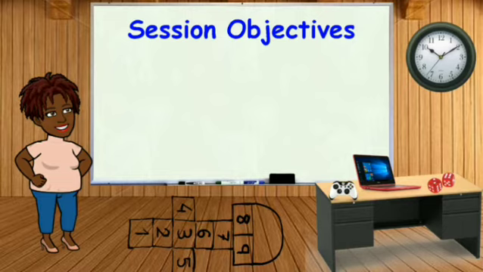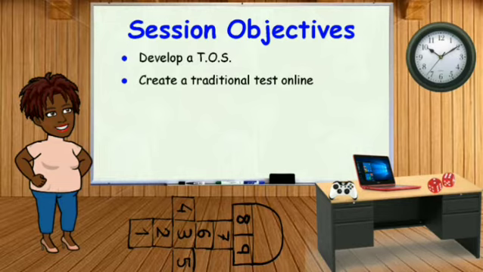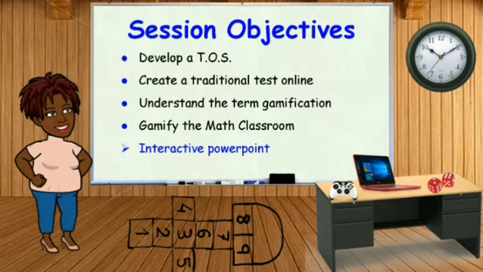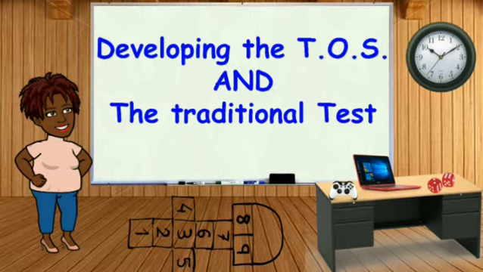So the objectives for this session are to develop a table of specification, to create a traditional test online, understanding the term gamification, to gamify the mathematics classroom using the interactive PowerPoint, and also an escape room. So first, we're going to develop the table of specification and a traditional test to match it.